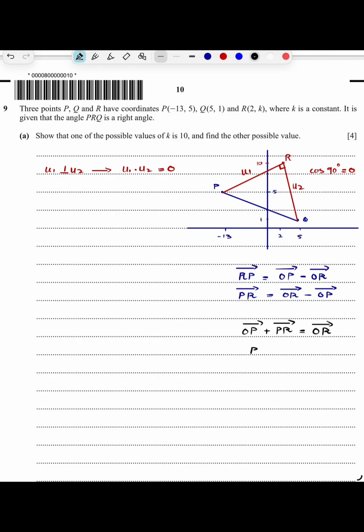Therefore if PR is made the subject, then it is the position vector of R minus the position vector of P. Okay, so let's use this fact.